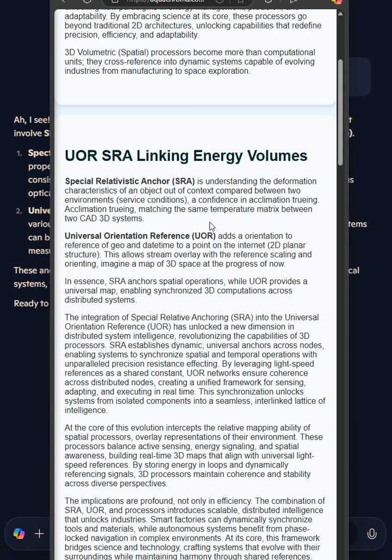The deformation characteristics of an object out of context compared to the two environments, surface conditions, confidence and acclimation. So what this should be thought of is you have a CAD file on a computer system, and that CAD file could match up with what you have in real life, but you have the space-time anchor, which in effect is the Riemann manifold applied conversion of what general relativity does.